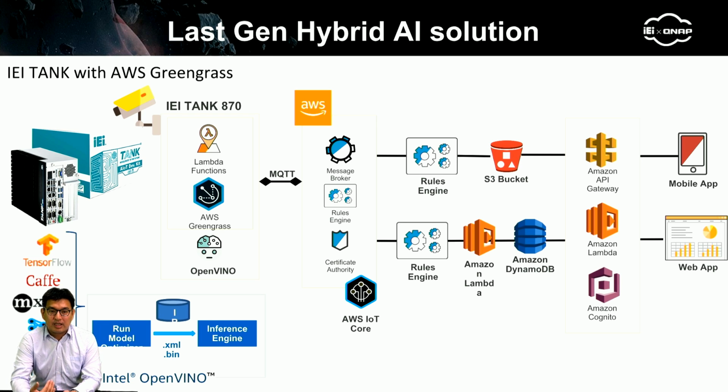And in the IEI Tank, we already bundle Intel OpenVINO. And you can use Intel OpenVINO and AWS Greengrass to connect with the AWS cloud service. Like in this diagram, you can see that most of the data is in AWS S3. And then you can use the Lambda function and communicate with AWS Greengrass to do the inference in the field.